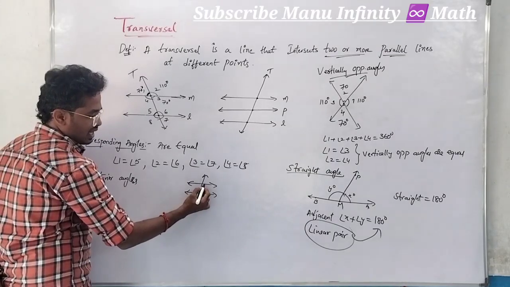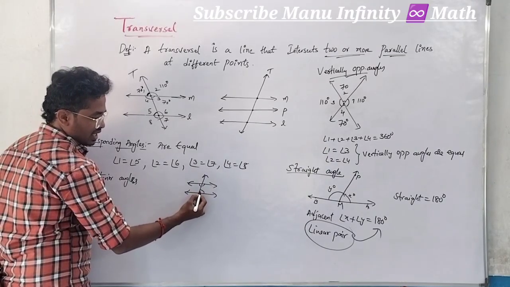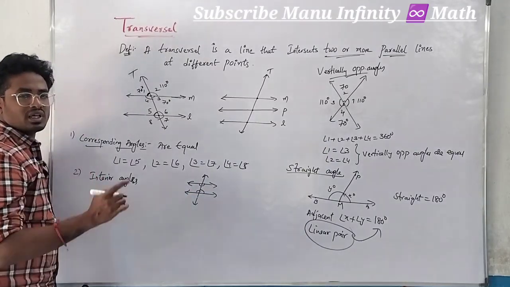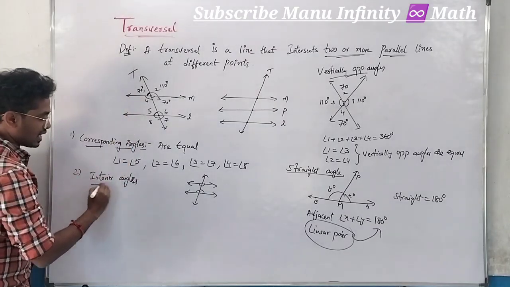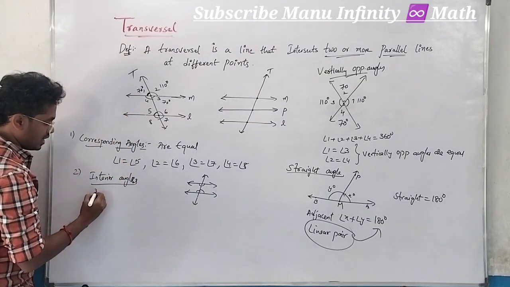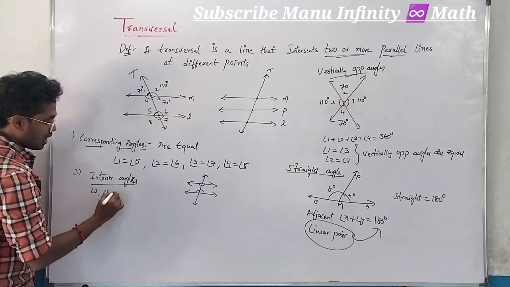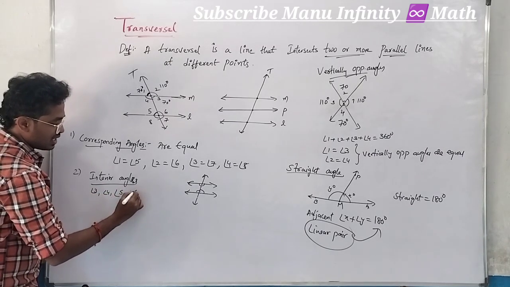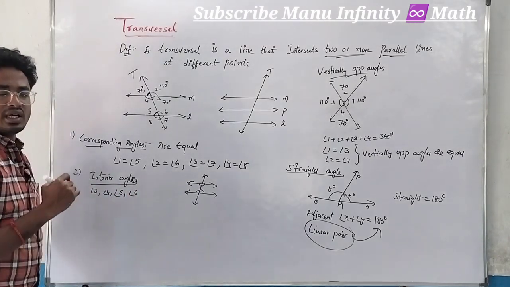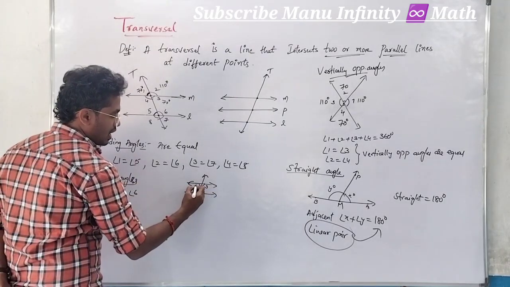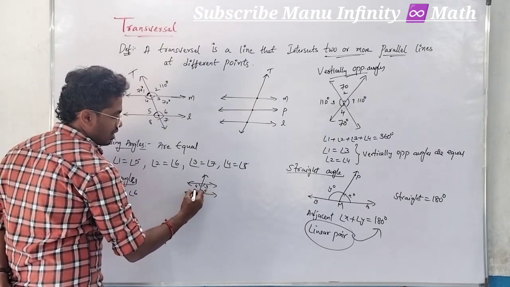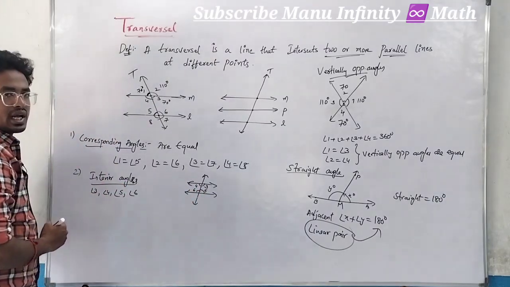So the angles which are inside the parallel lines are nothing but interior angles. So if you consider this is the diagram, so what are the interior angles? Tell me. So angle 3, angle 4, angle 5, angle 6. These are the interior angles, right?